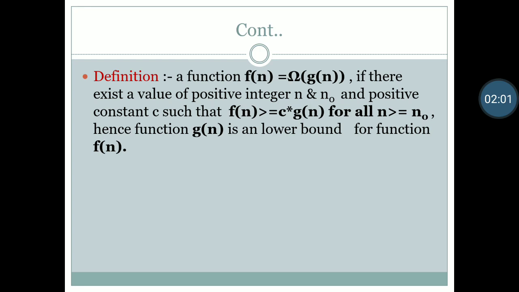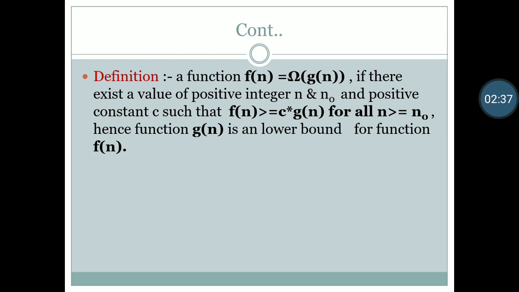Let's see its definition. It says that f(n) = Ω(g(n)) if there exist a positive integer n0 and a positive constant c such that f(n) ≥ c·g(n) for all n ≥ n0.